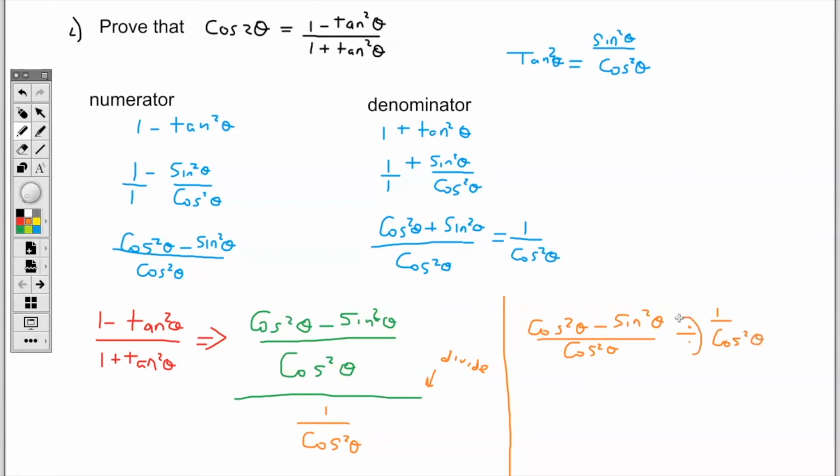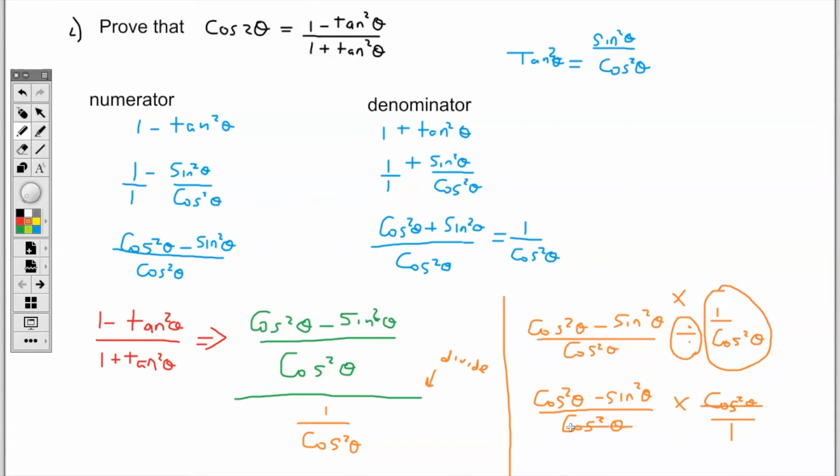Now division, I will change it to multiplication, then I'll reciprocate this, meaning I'll flip this. So what I have here is cos squared theta minus sine squared theta all over cos squared theta, multiplication, then I flip this, so I'll have cos squared theta over 1.